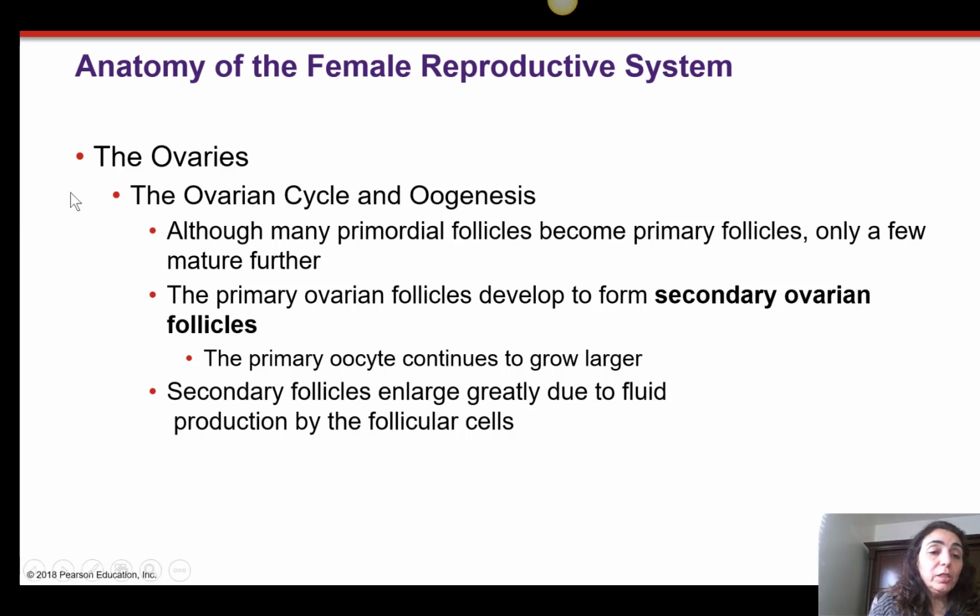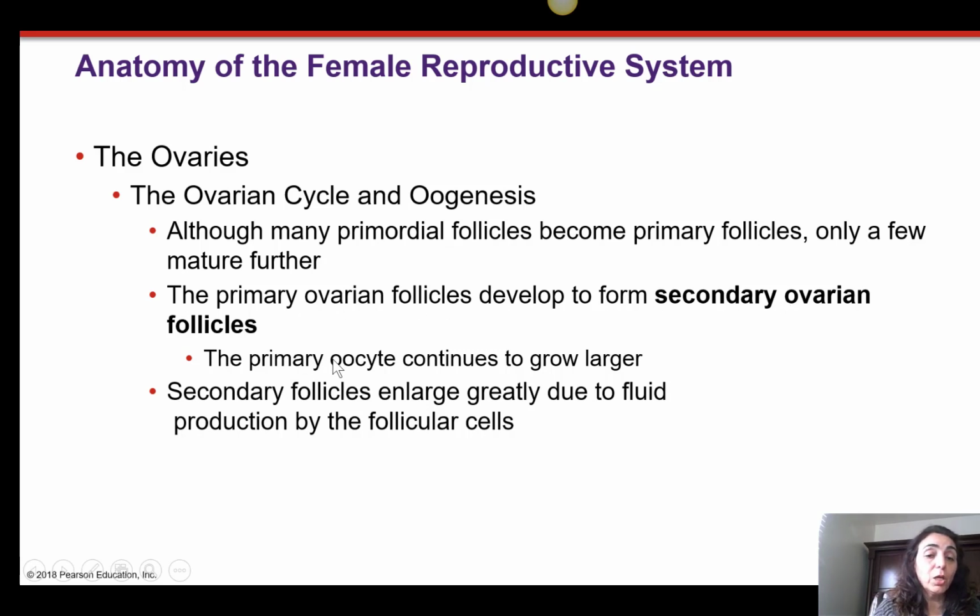Now the other thing that is happening in the ovarian cycle and oogenesis: although many primordial follicles become primary follicles, only a few of them finish their maturation. They mature further, and finally at the end we usually have only one single complete mature follicle. So the primary ovarian follicle develops to form the secondary ovarian follicle.